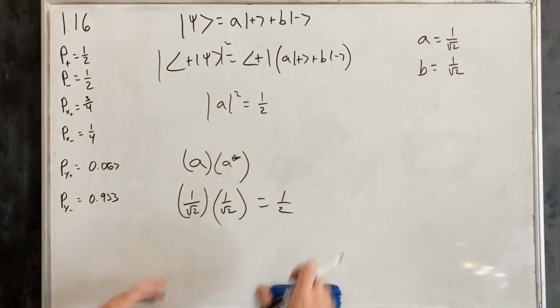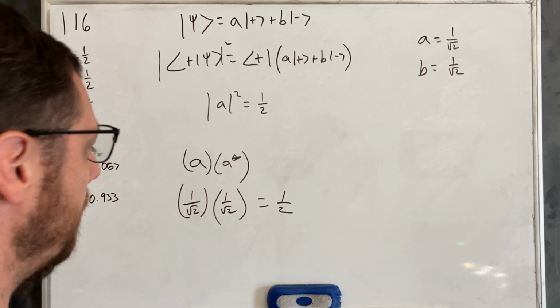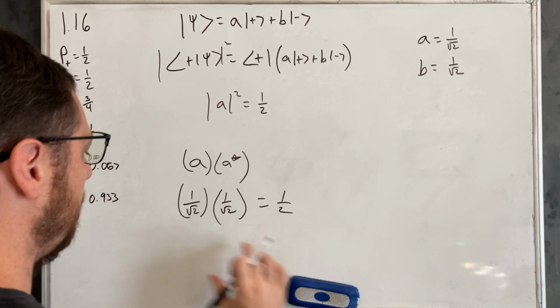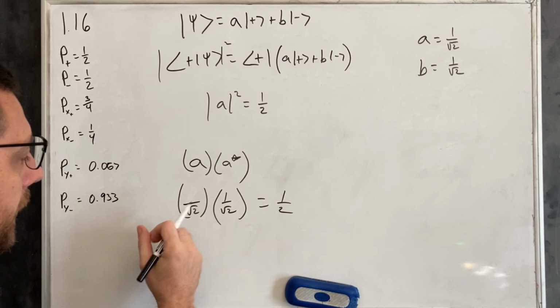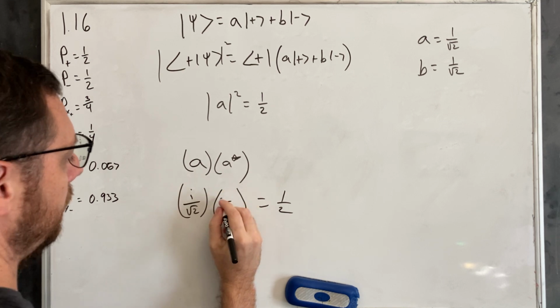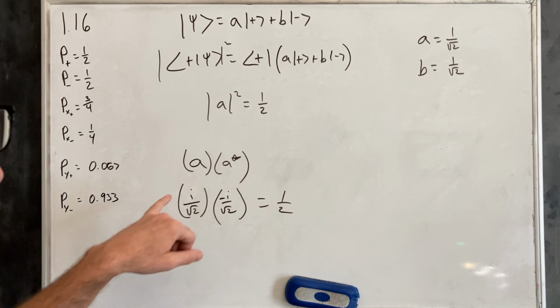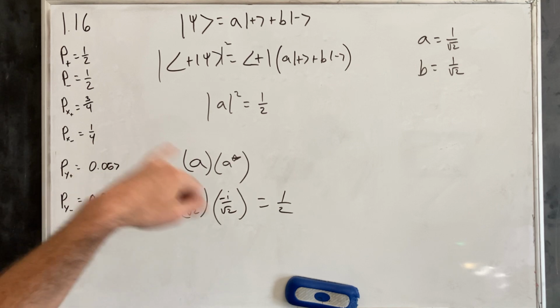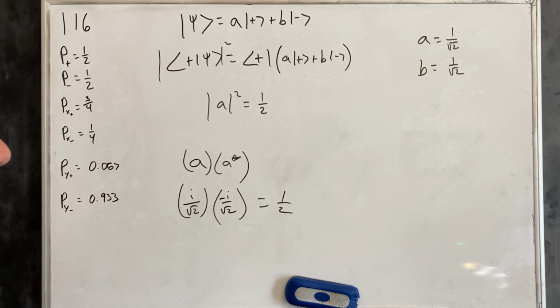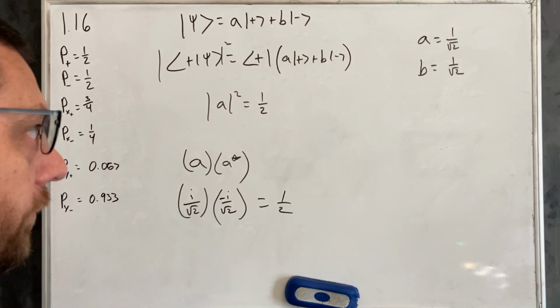This does work for this z direction. There's nothing wrong with this. But what could also equal 1/2? Well, what if instead of doing 1/√2, we did i/√2? And the complex conjugate would be negative i/√2. Well, i times negative i is going to cancel out and be 1, and also be 1/2. So there's more options than just 1/√2.